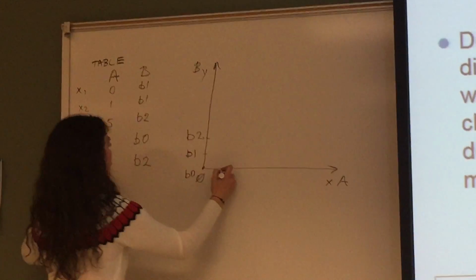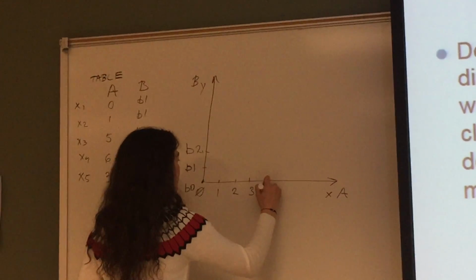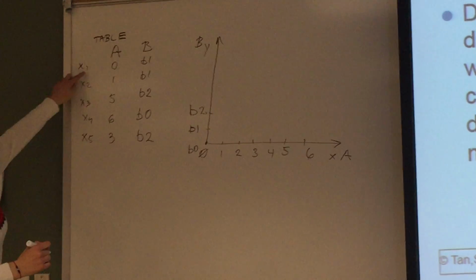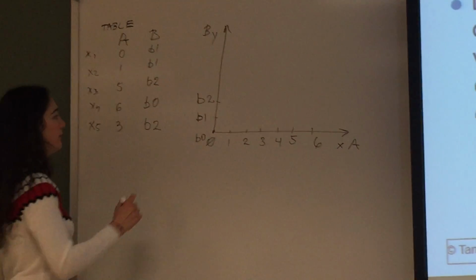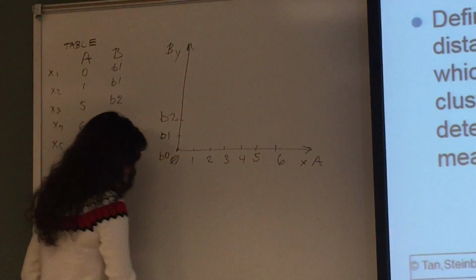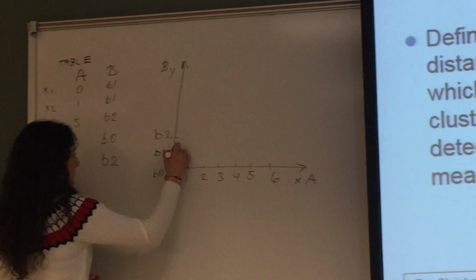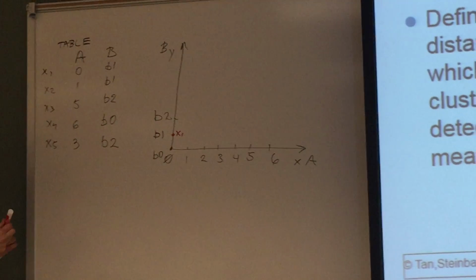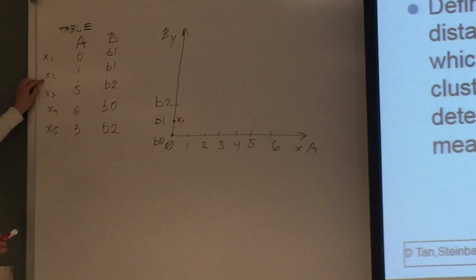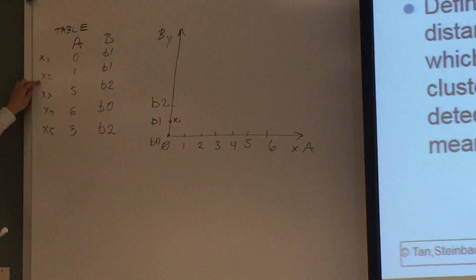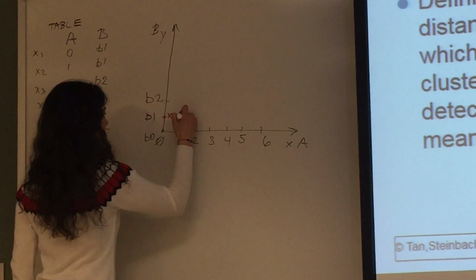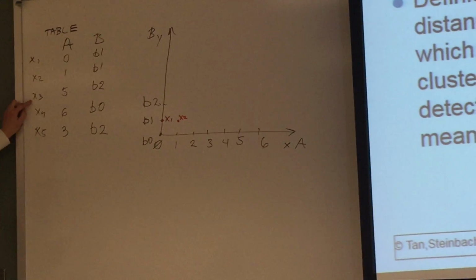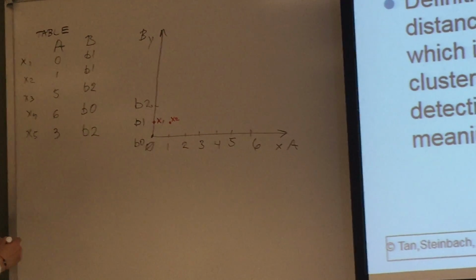For A we have 0, 1, 2, 3, 4, 5, 6. The first object x1 has 0 for A and 1 for B, so the first object will be right here. That's x1. The next one, x2, for A it's 1, for B is 1, so it will be right here. The next object, x3, for A is 5, for B is 2.